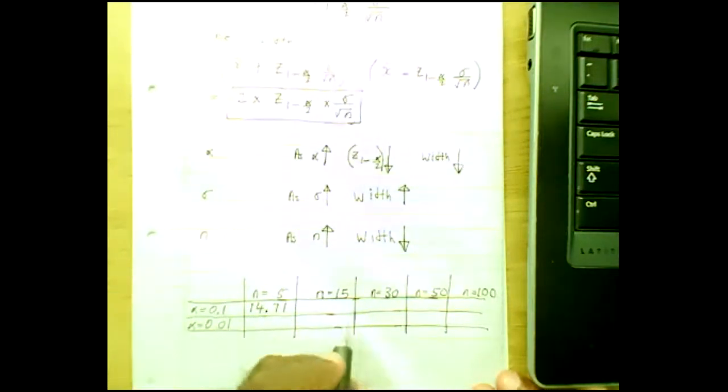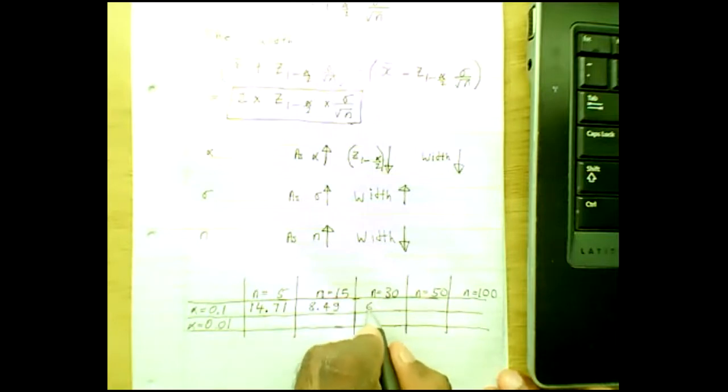When alpha is 0.1 and n is 15, you get this, and so on.